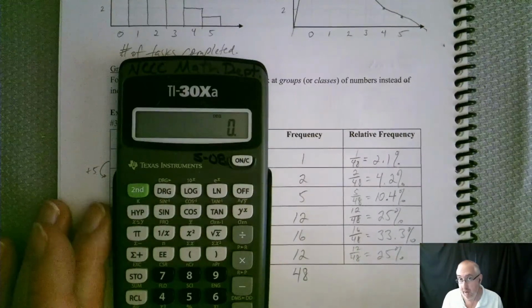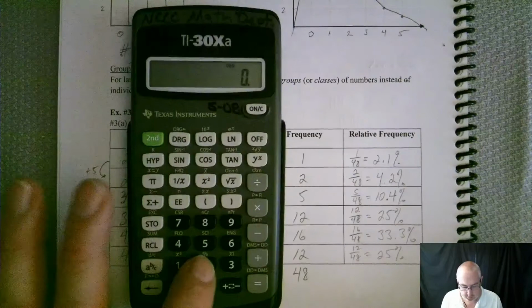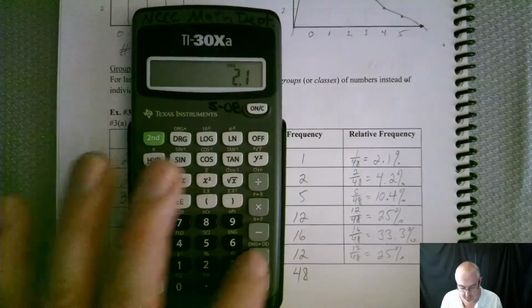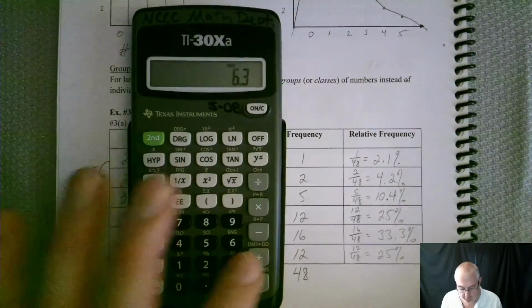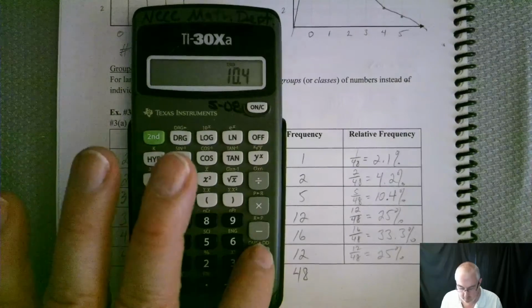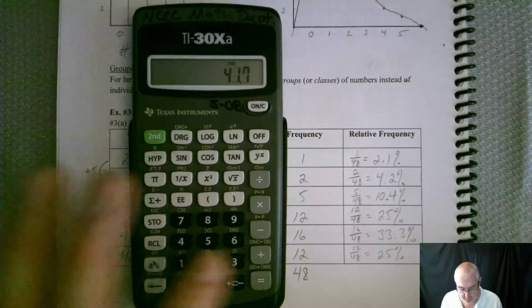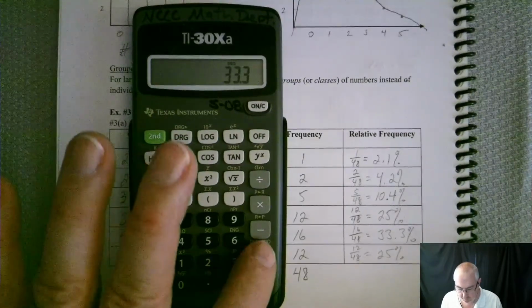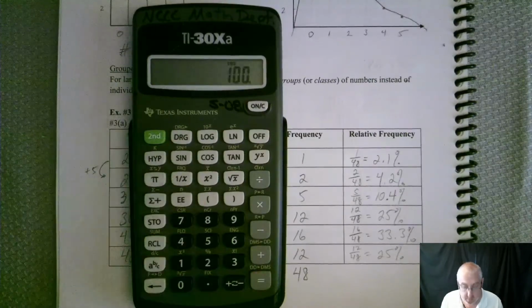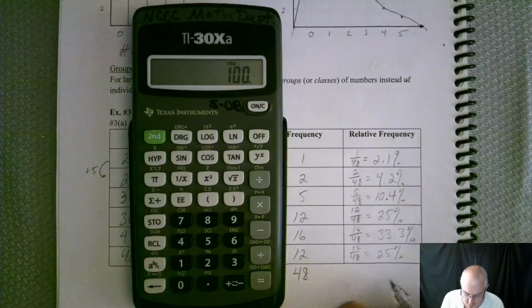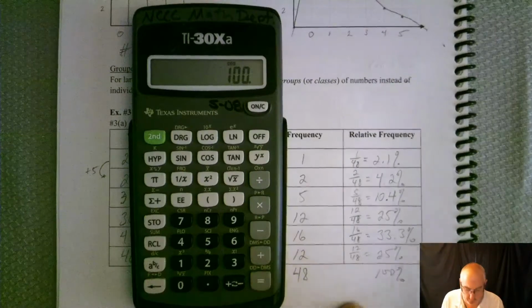Now again, if you're not confident that you did it right, it doesn't hurt to double check. So 2.1 plus 4.2 plus 10.4 plus 25 plus 33.3 plus 25 equals, that one comes right out to 100%. So we're really good.